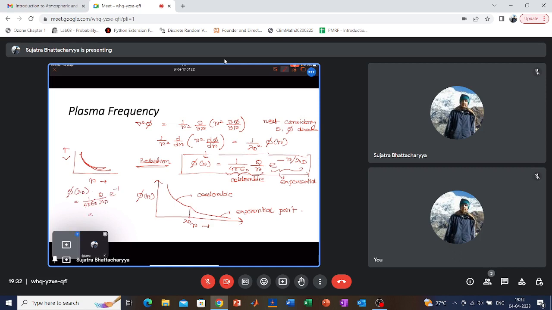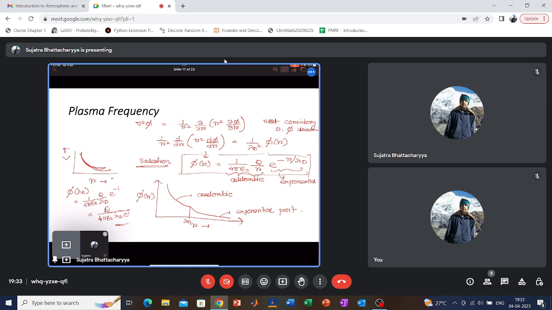So earlier, at r equal to some lambda d distance, if it's a Coulombic potential, at t equal to 0 it is only the Coulombic one. But now it is 1 by 4 pi epsilon naught, q by lambda d, e to the power minus 1. This is the potential at lambda d distance.